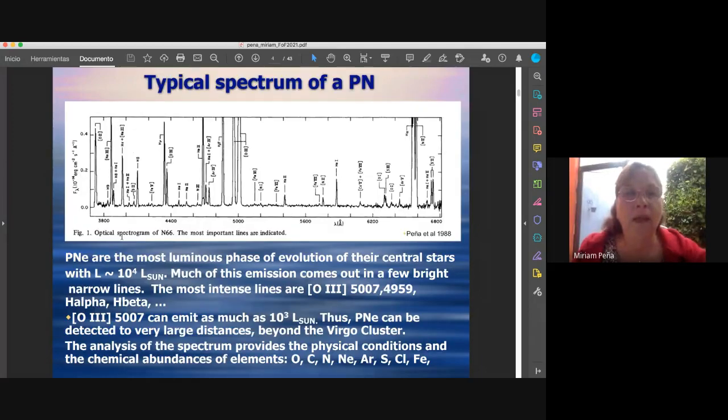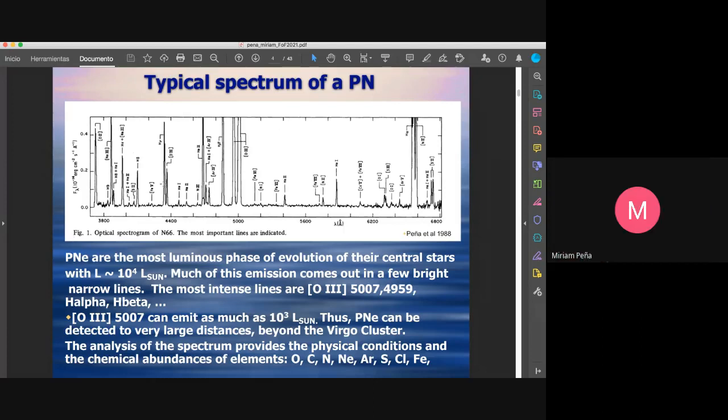Here is a typical spectrum of a planetary nebula: a faint continuum and very intense emission lines. Planetary nebulae are the most luminous phases of evolution of their central stars, with luminosities of about 10^4 solar luminosities, and much of the emission comes out in a few bright narrow lines.